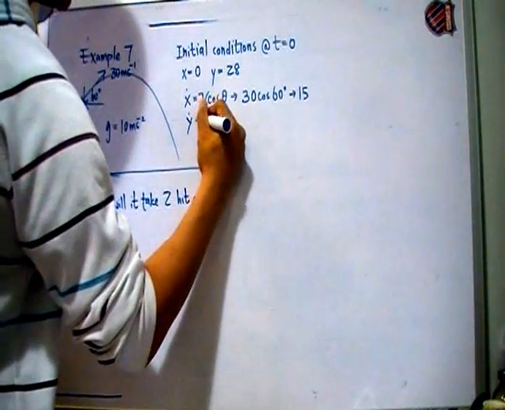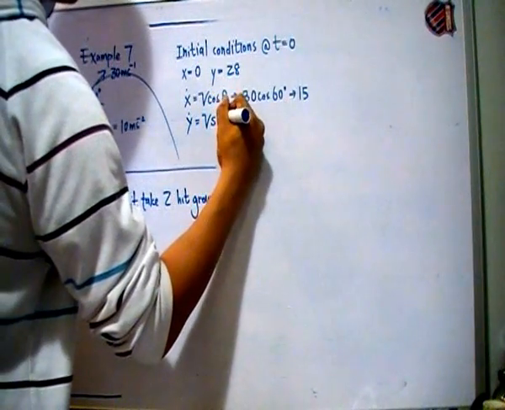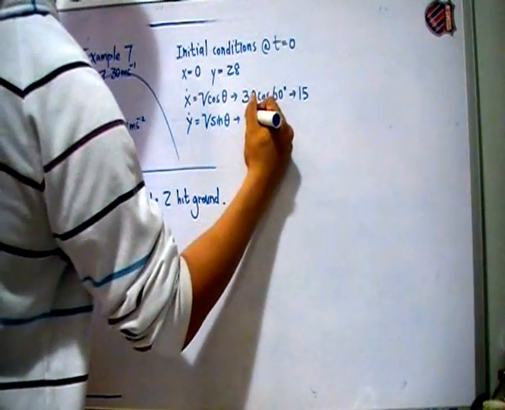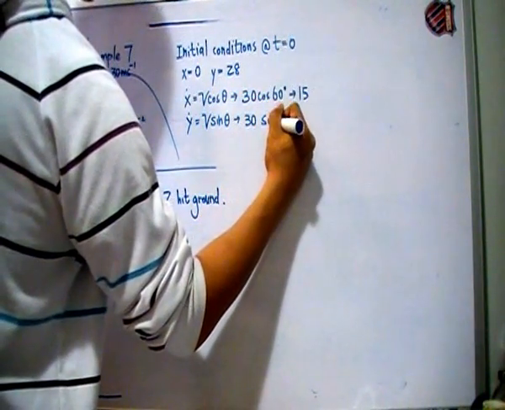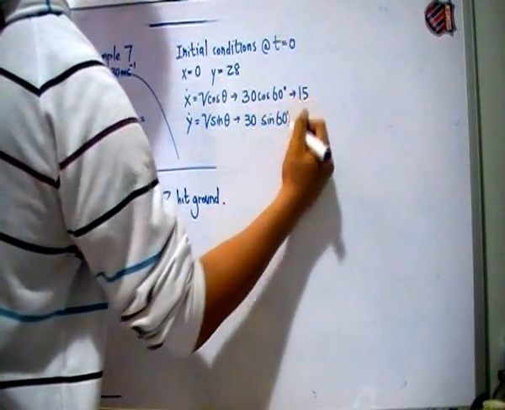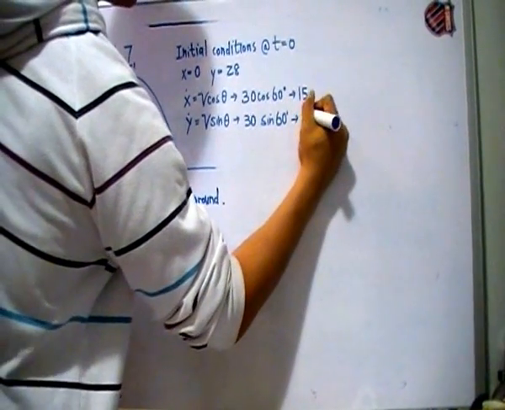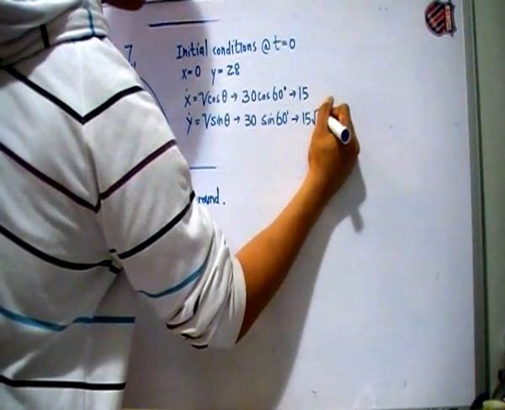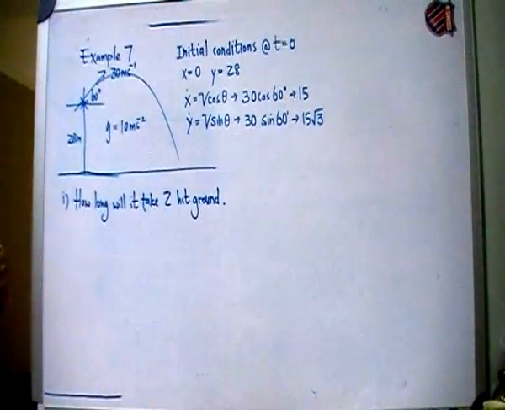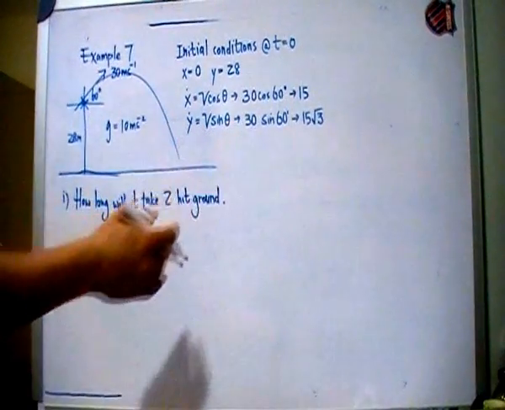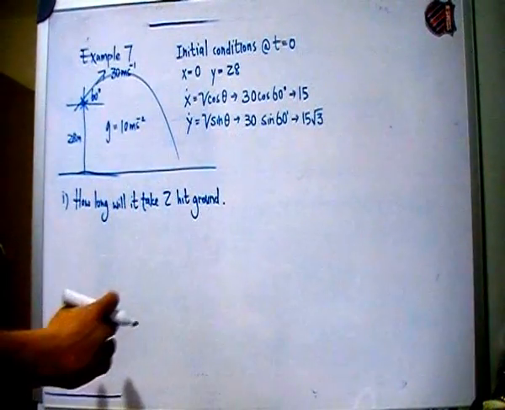Your y dot is your v sine theta, which is 30 times sine 60 degrees. That's root 3 on 2, so that's 15 root 3. So there are your initial conditions. I don't think I've left anything out.